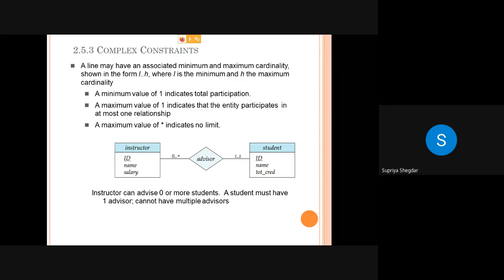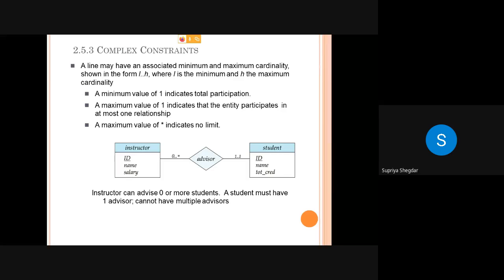Then the minimum value of 1 indicates total participation. Instead of drawing the double line to represent total participation, we can write the minimum value 1, meaning the value for L is 1, so it is the total participation.